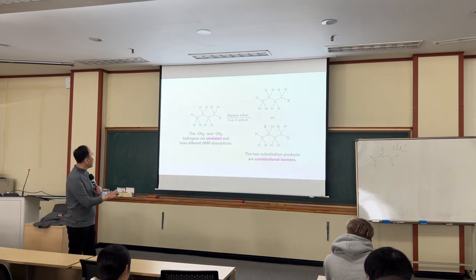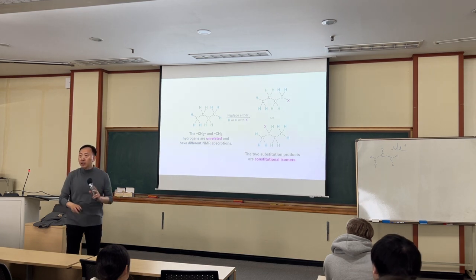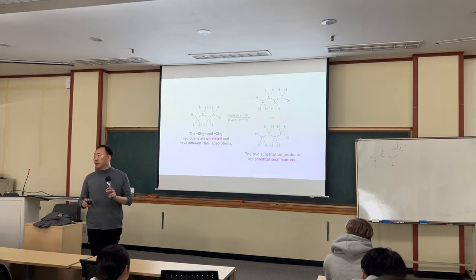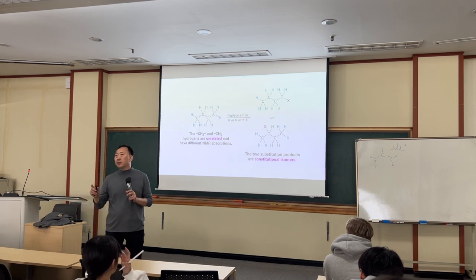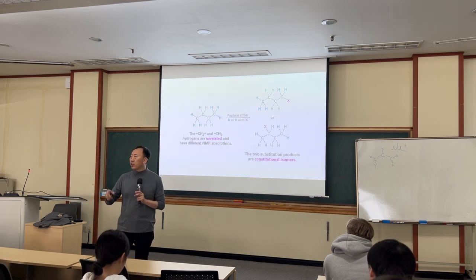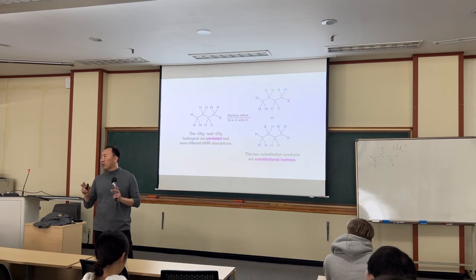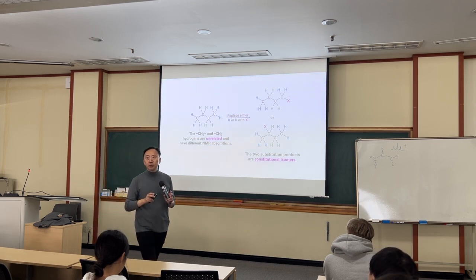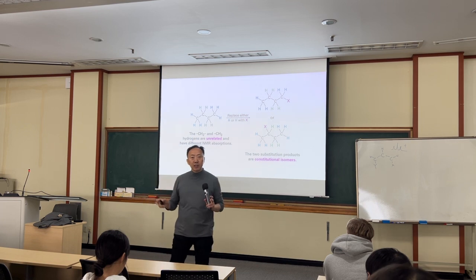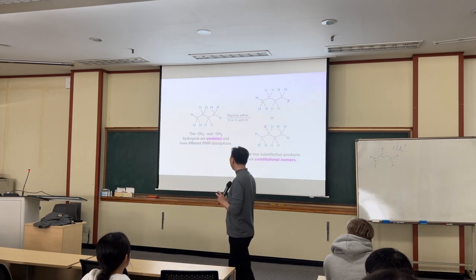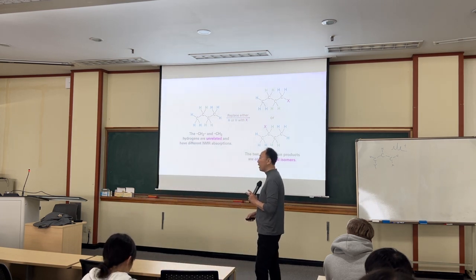If you change one each with a different group, they form totally different isomers, different connection, different structural isomer or different constitutional isomer. It's the same meaning, constitutional, structural. If those two protons are non-identical, they show different peaks in NMR, and also if you exchange them, they form constitutional isomers.